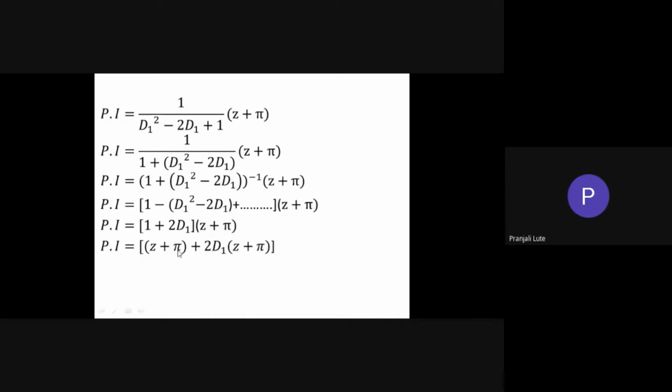D1 stands for a single derivative. What is the derivative of z with respect to z? It is 1. The derivative of pi is 0. So we write z + pi plus 2 times the derivative of z, which is 1, so z + pi + 2. This is your particular integral.